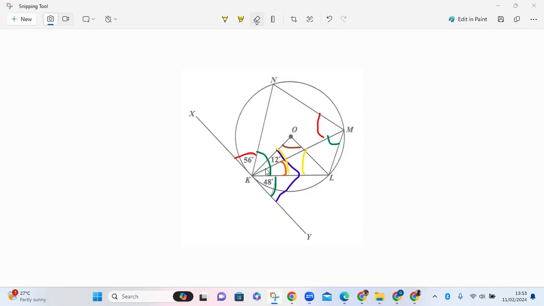So you multiply 42 by 2, that will give us 84. And then we subtract it from 180 degrees because the three angles in a triangle add up to 180 degrees. And then we are going to get our final answer, which is 96 degrees for KOL.